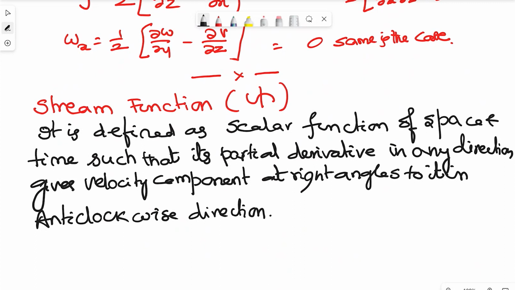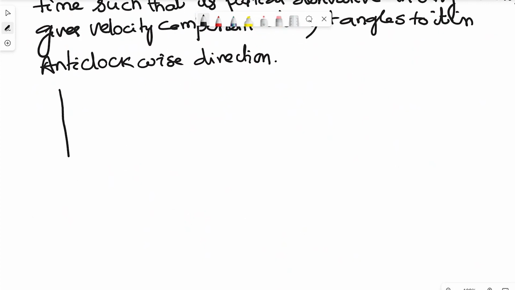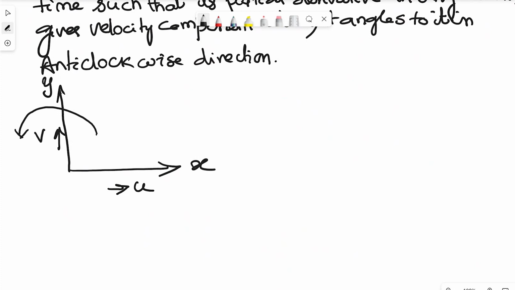Suppose this is the x direction and this is the y direction. The velocity component in this direction is u and in this direction is v. And this is what we mean by anti-clockwise. So what does the definition say? For example, if we take dou psi by dou x, it is equal to the velocity component at right angles to it. What is the velocity component at right angles to the x-axis?